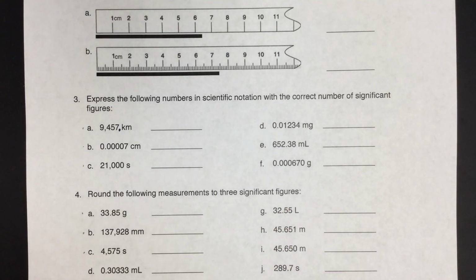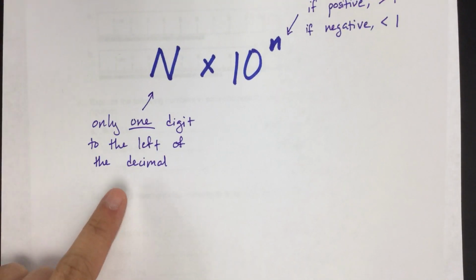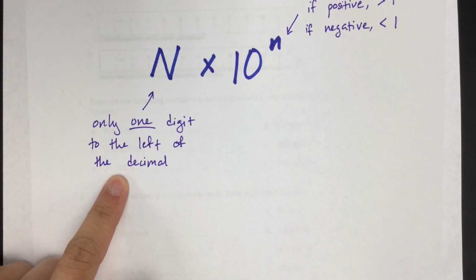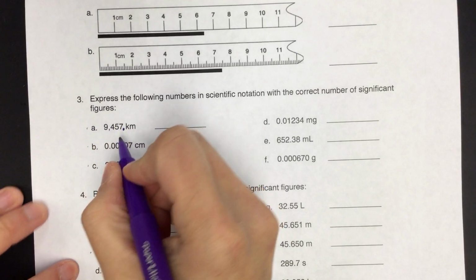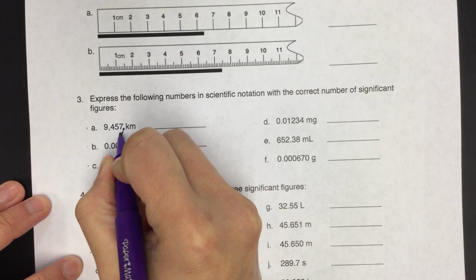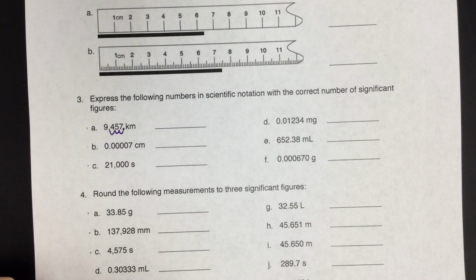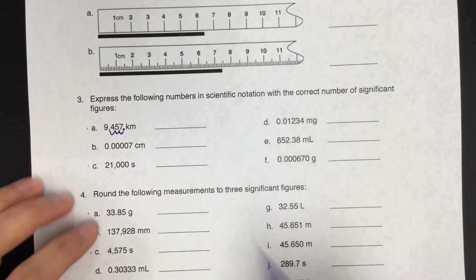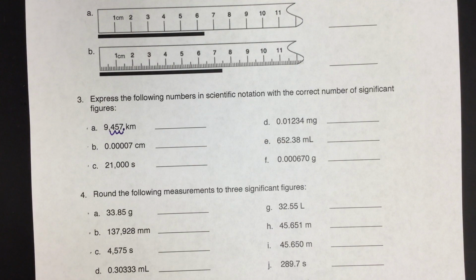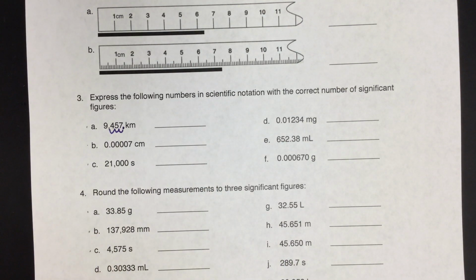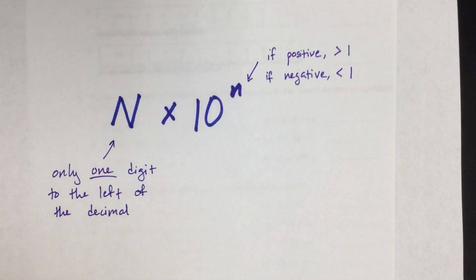So if there's no decimal point, put it at the end of the number, and then the next thing you need to do is figure out how many times you need to move that decimal point in order to have only one digit to the left of the decimal, because that's what we need for scientific notation. So in order to get this with only one digit to the left, we would have to move that decimal point 3 times, 1, 2, 3.